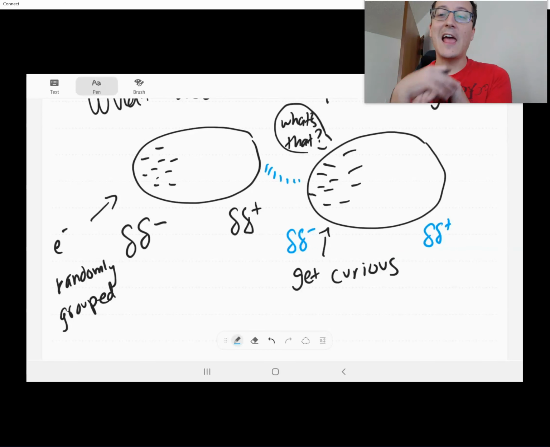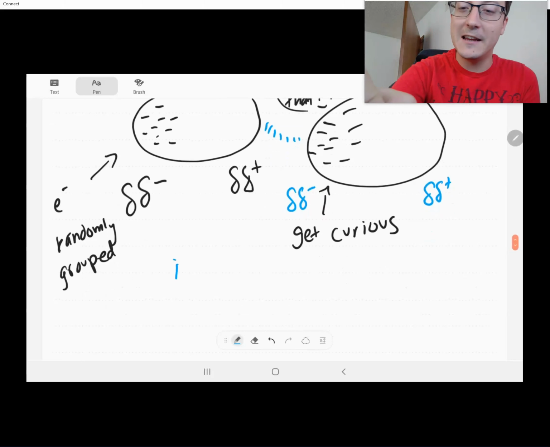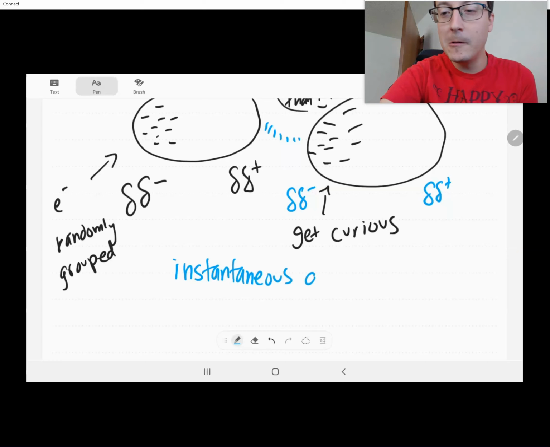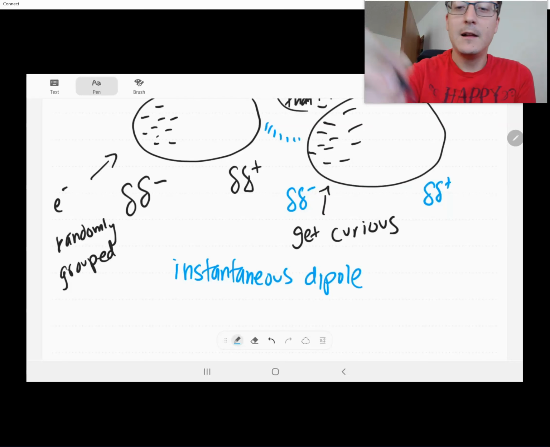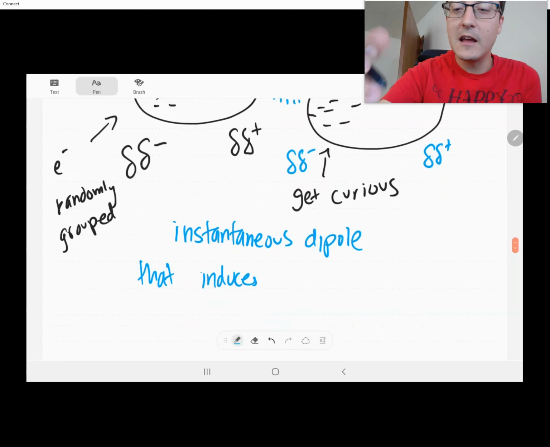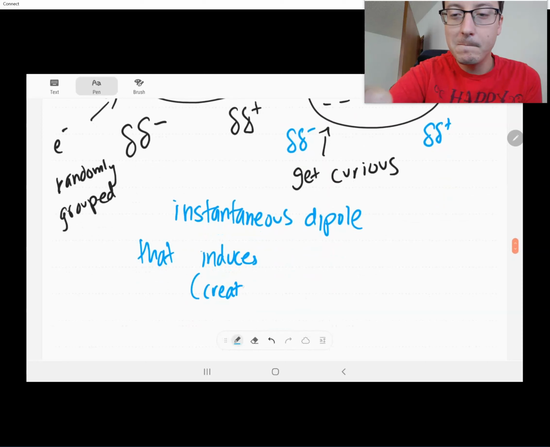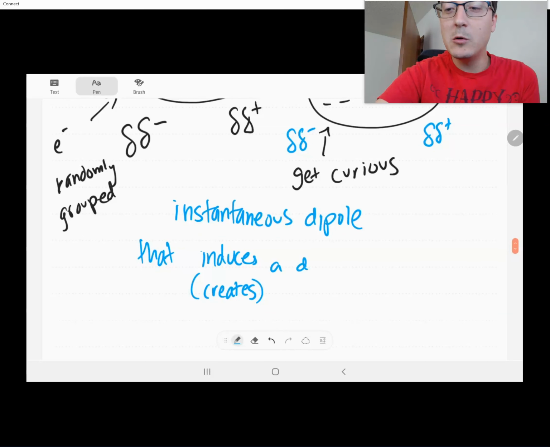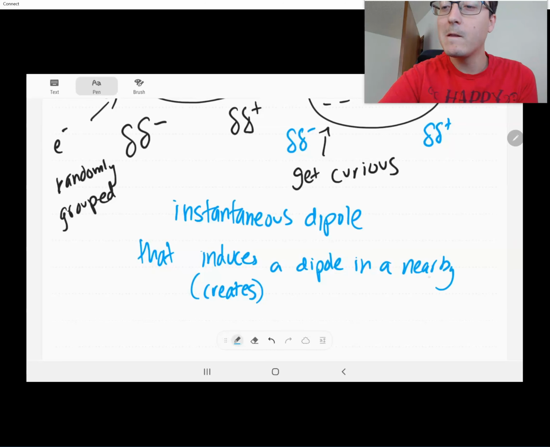Okay, so this lasts for a very short time. Hydrogen bonds are very strong and last a long time; this lasts a fraction of a second. So this is just an instantaneous dipole that induces, that means creates, a dipole in a nearby molecule.